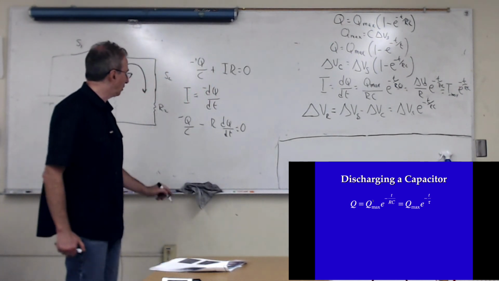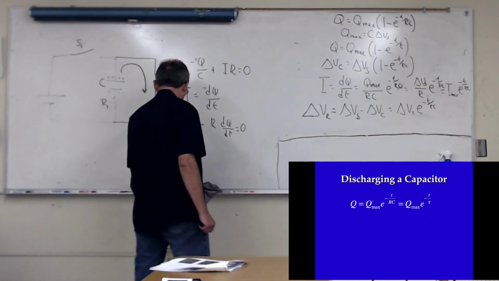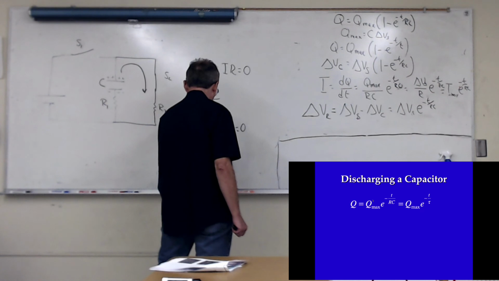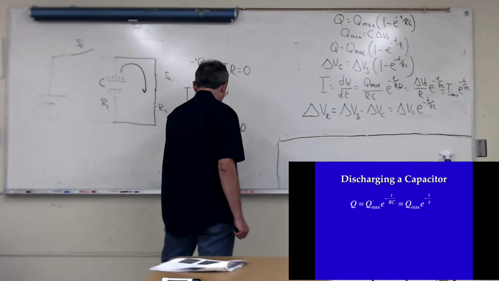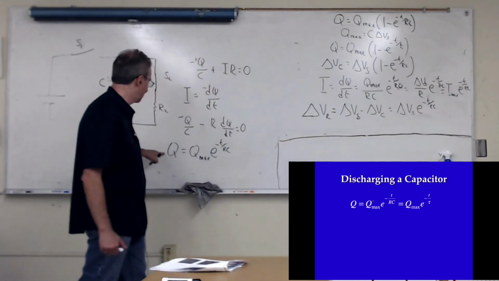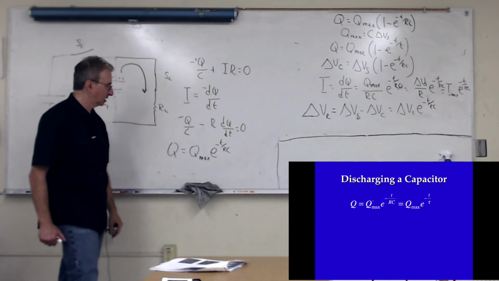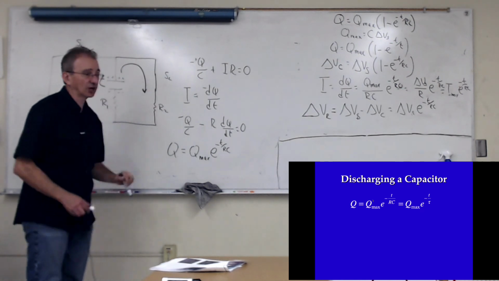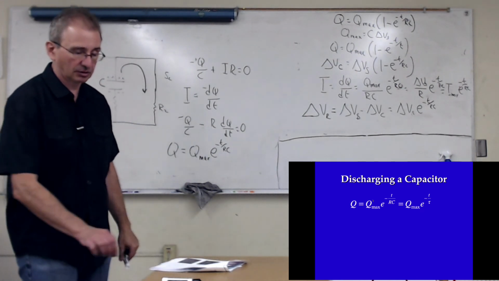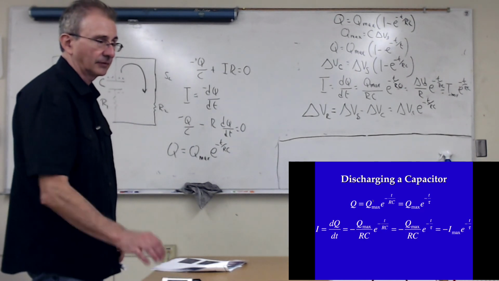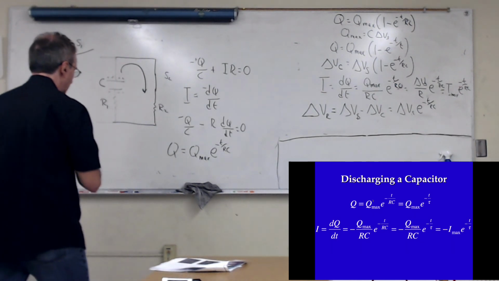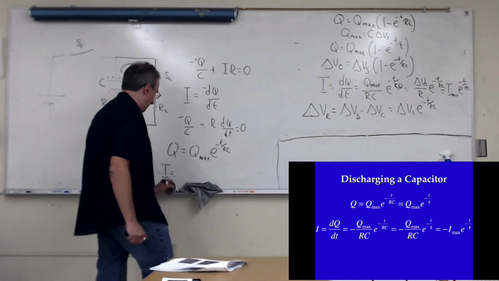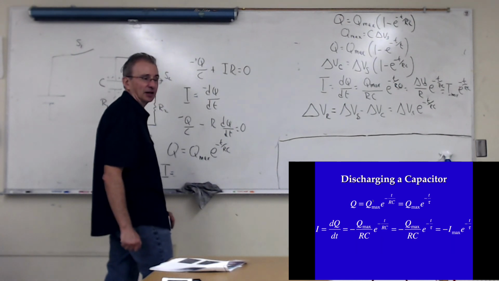And you can show that Q is equal to Q max e to the minus t over RC. By solving this equation, you can show that Q is Q max e to the minus t over RC. So the capacitor is discharging. This is discharging the capacitor. Then I is minus dQ, and I forgot the minus sign there.